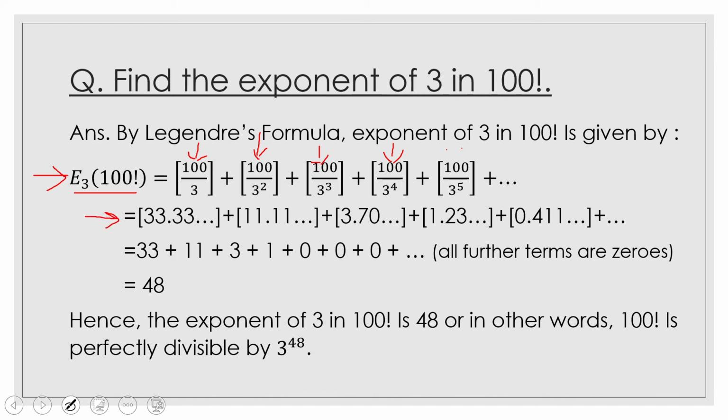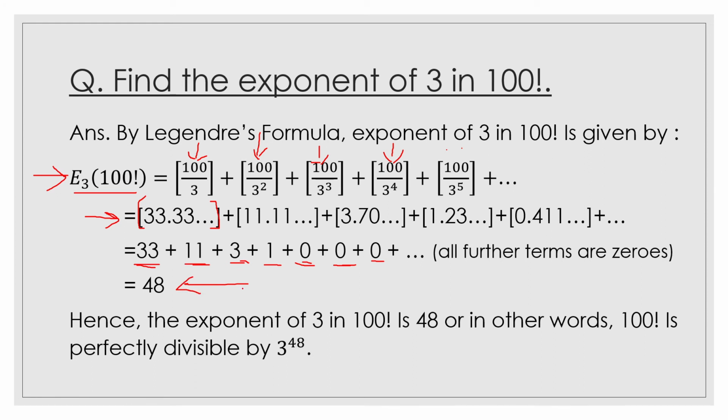Now, if we solve the greatest integer functions, which are denoted by the square brackets, we'll get these values, which are 33, 11, 3, 1, and all the next terms will be 0. Now, if we sum up all the non-zero terms, which over here are 33, 11, 3 and 1, we'll get the result as 48, which is our answer.